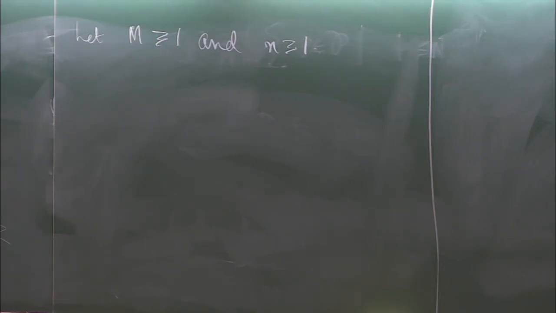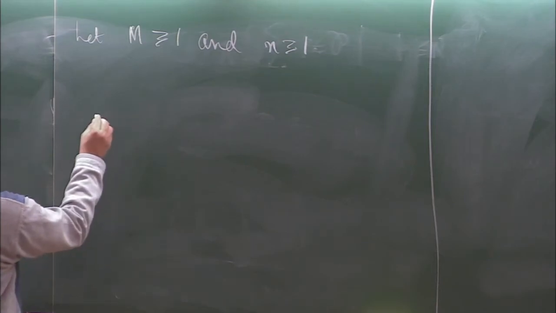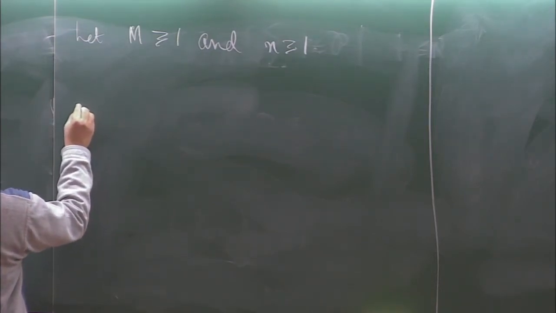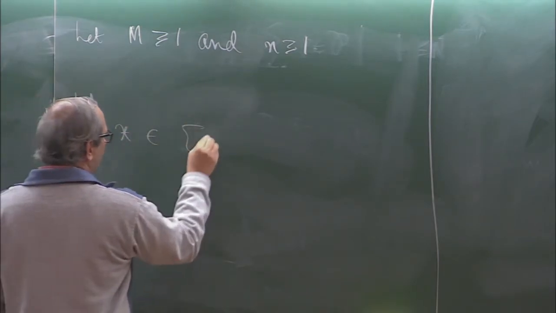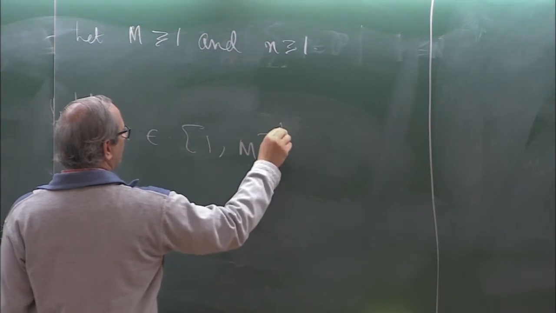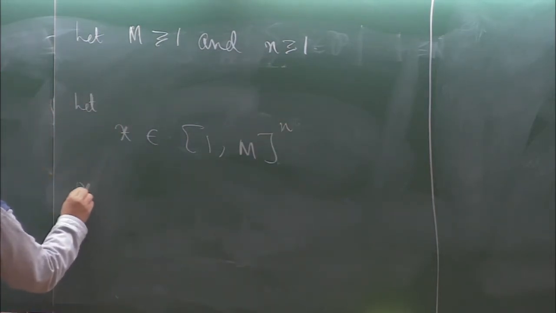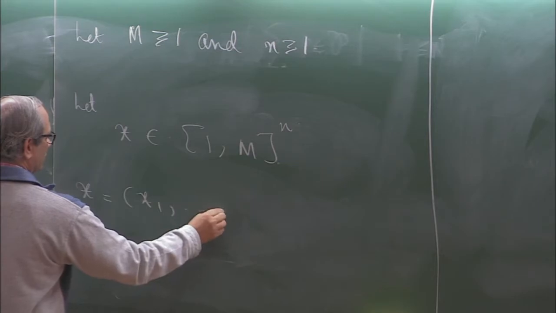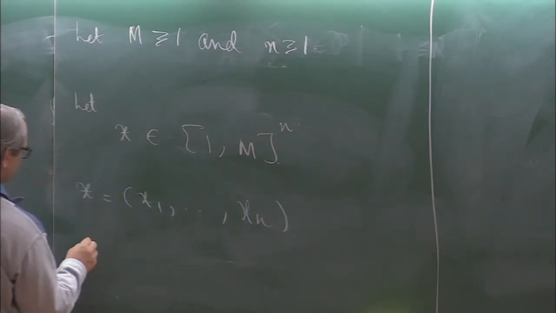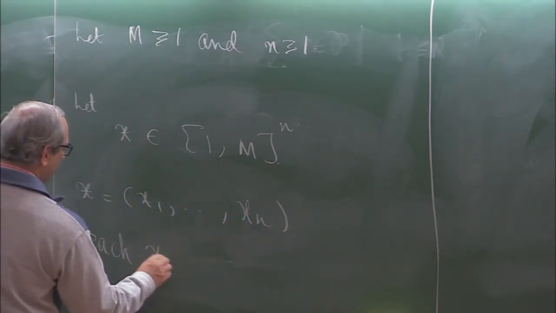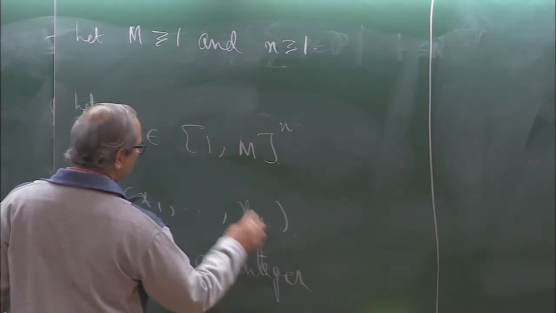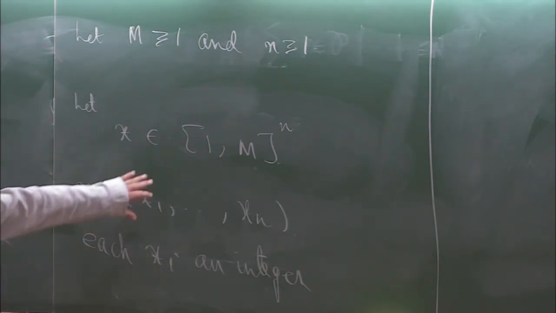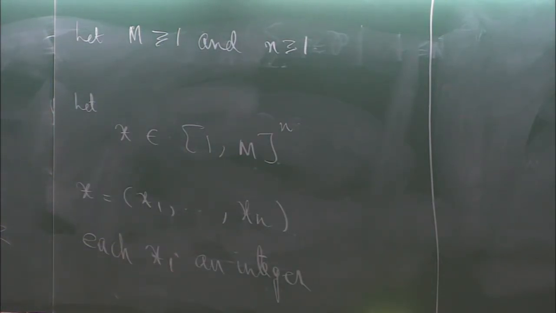And now consider the points x belonging to {1,...,m}^n, x = (x1, x2, ..., xn), each xi an integer.